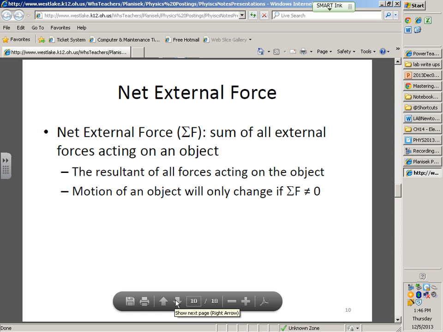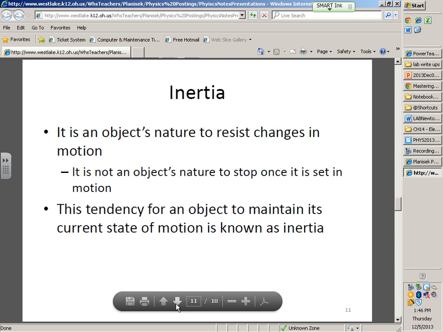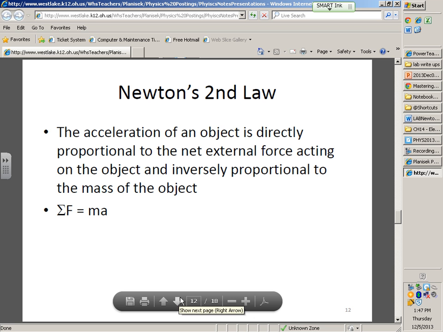Newton's second law deals with acceleration. The acceleration of an object is affected by two things. Do we remember what the two things are that the acceleration of an object is determined by? Net force is one, and then mass.